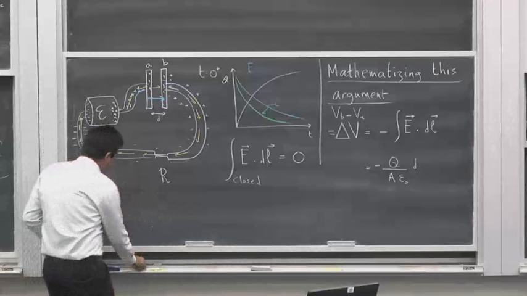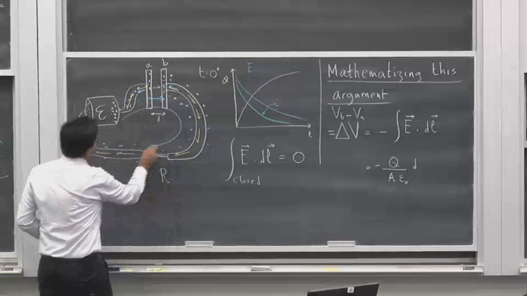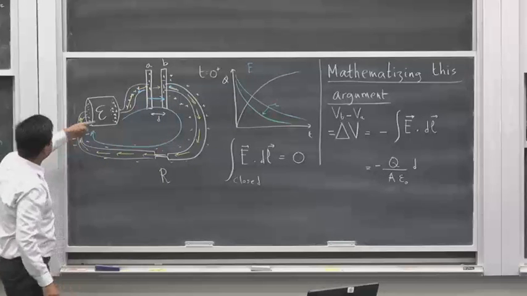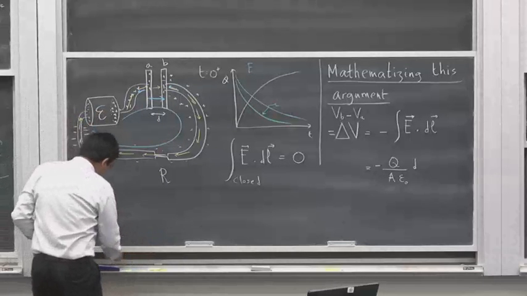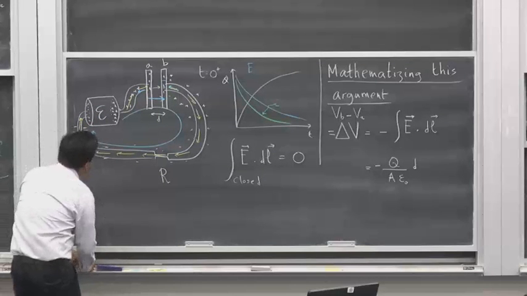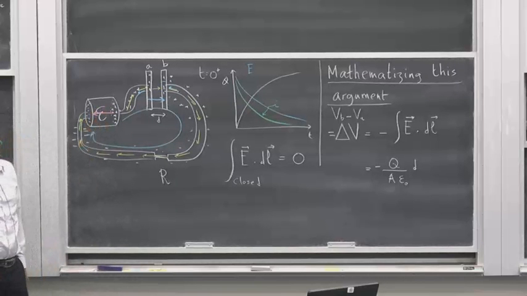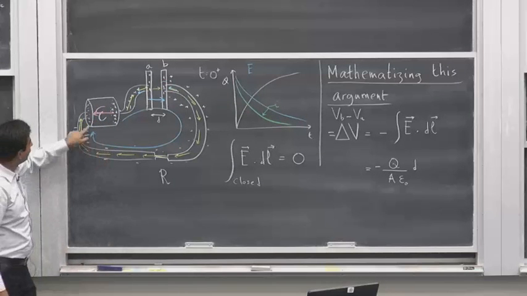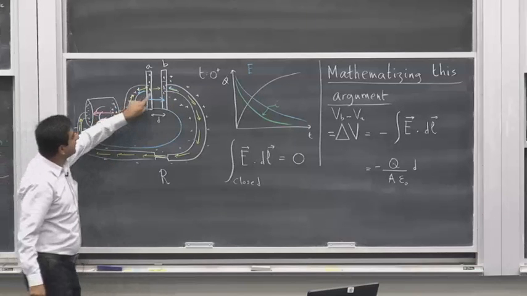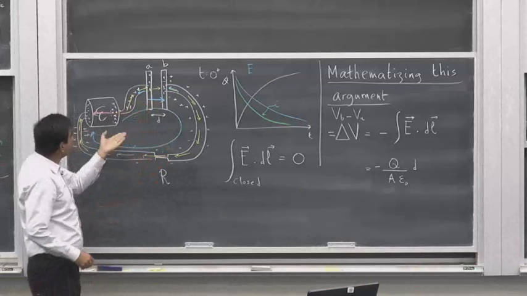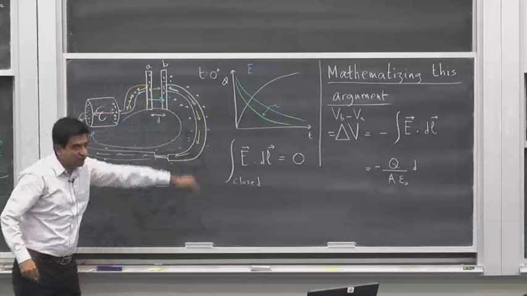So if you go around this circuit in this fashion, the electric field inside this battery, as you would all recall, is opposite to the electric field outside. So as you go around, you go from negative to positive, positive, negative, positive, negative. So this is the potential rise, this is the potential drop.